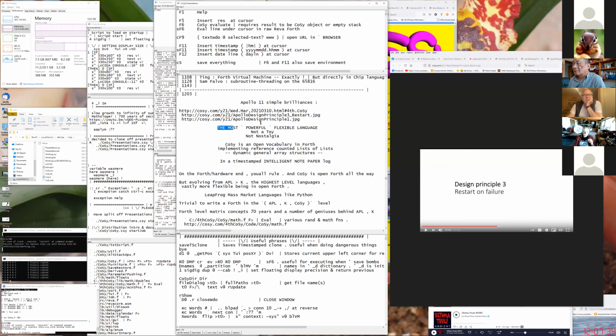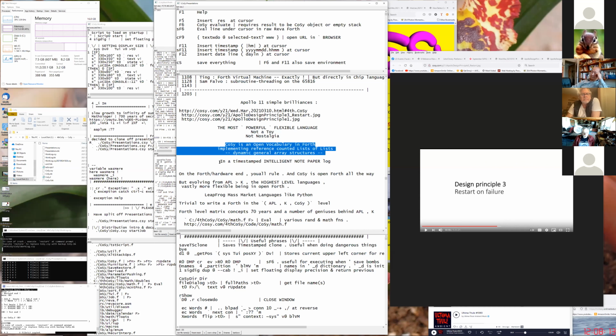One of the reasons I've put so much of my life into CoSy is that it's in the most powerful and now, being open and Forth, most flexible language. It's not a toy. It's not nostalgia. CoSy is an open vocabulary in Forth, implementing a reference counted list of lists, dynamic general array structures.